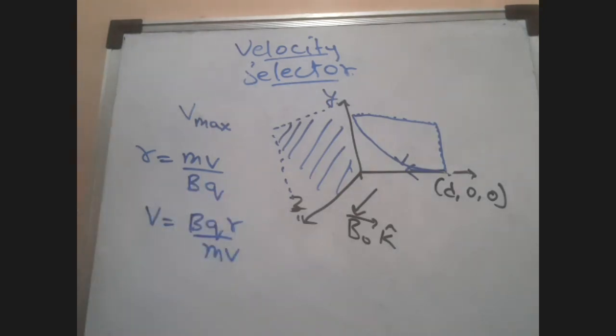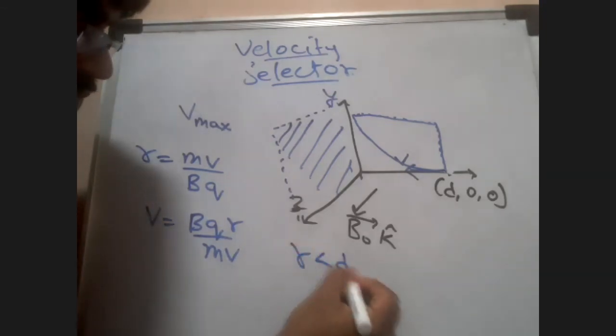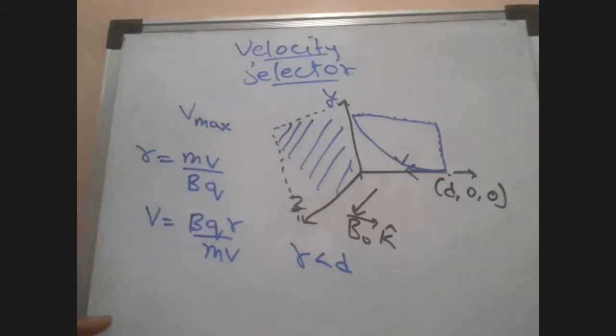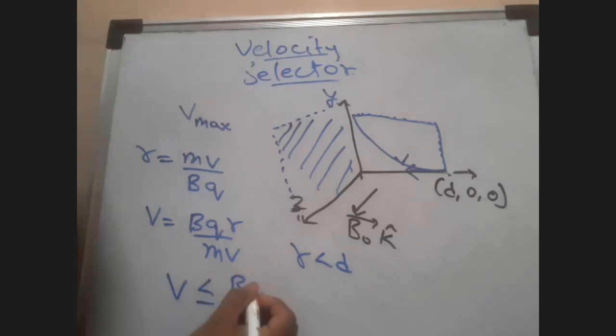But students, if the radius R is smaller than d, then the velocity will be smaller than bq R upon m, where R is equal to d. Yes or no?